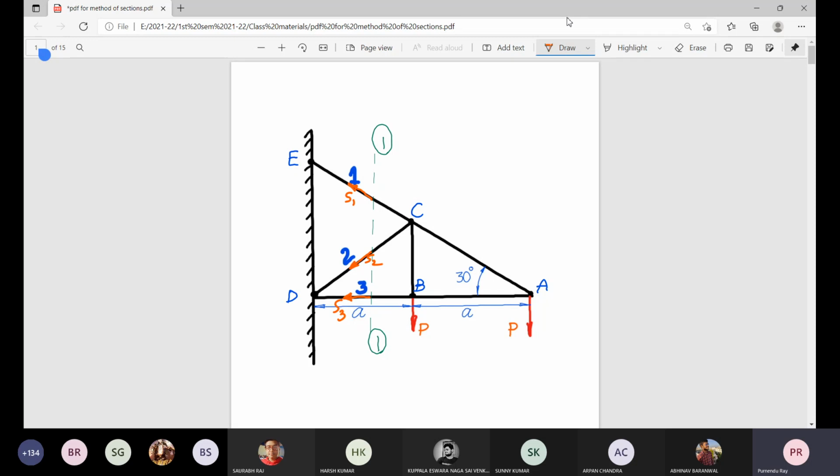The convenient way will be to select a particular location.